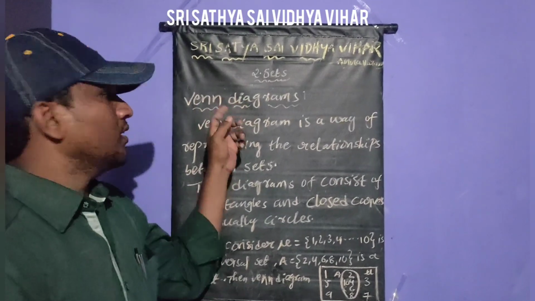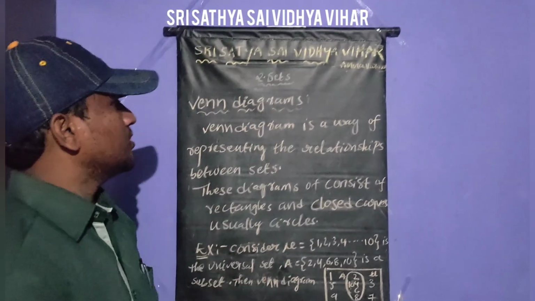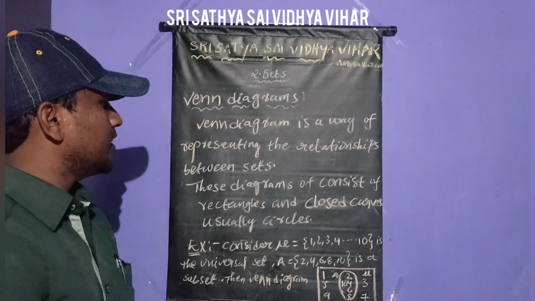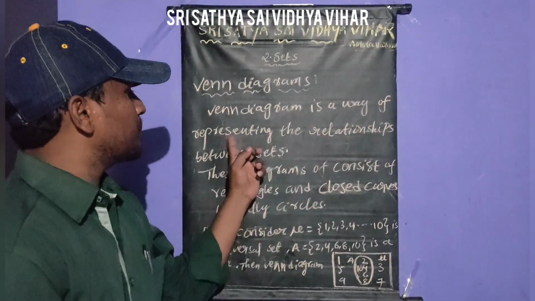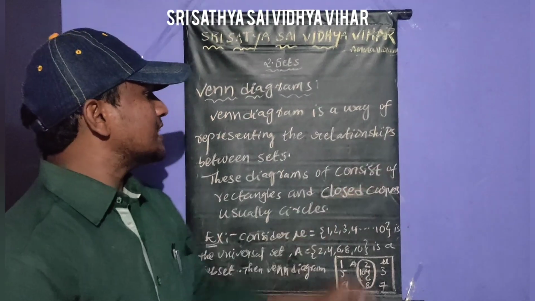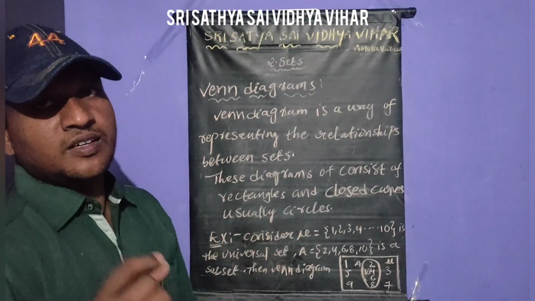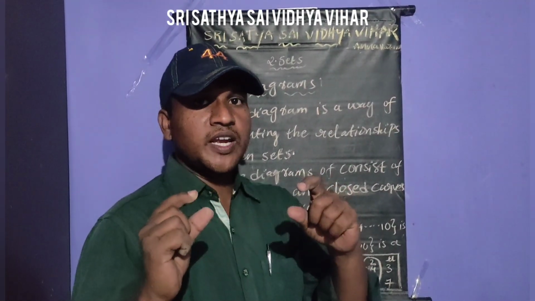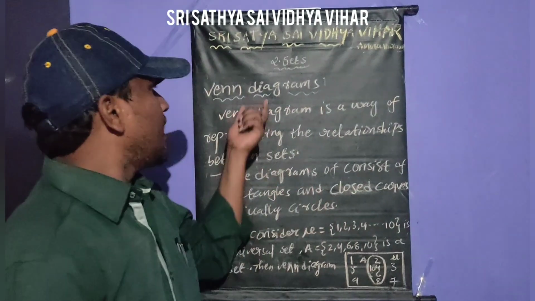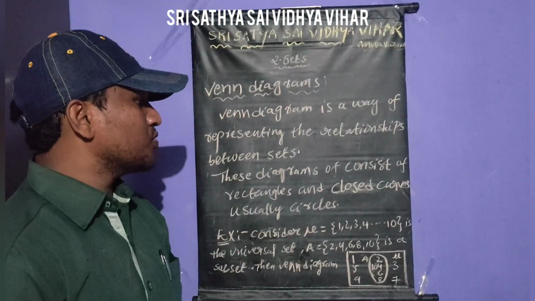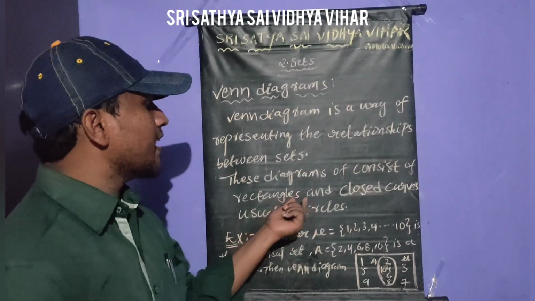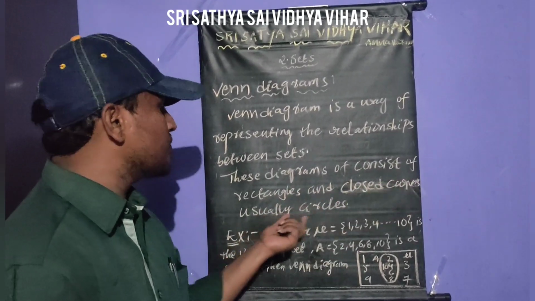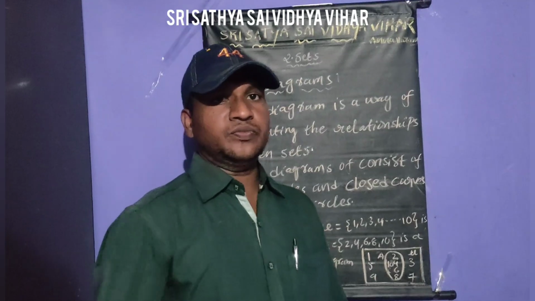Next one is Venn diagrams. What is a Venn diagram? A Venn diagram is a way of representing the relationship between sets. These Venn diagrams consist of rectangles and closed curves, usually circles.